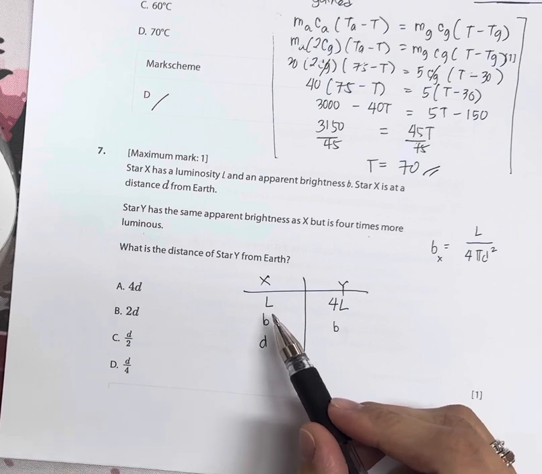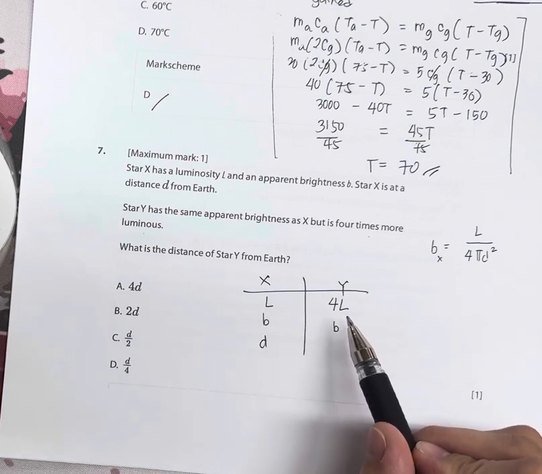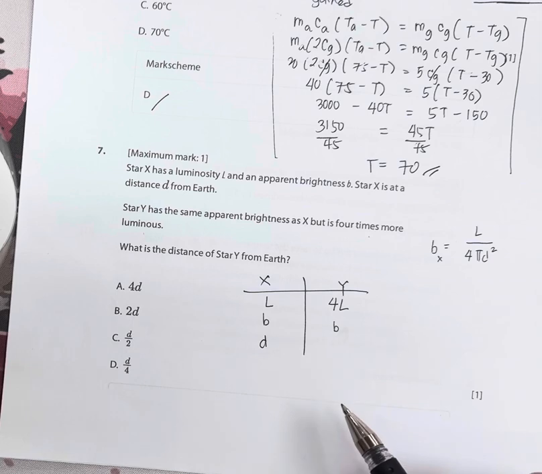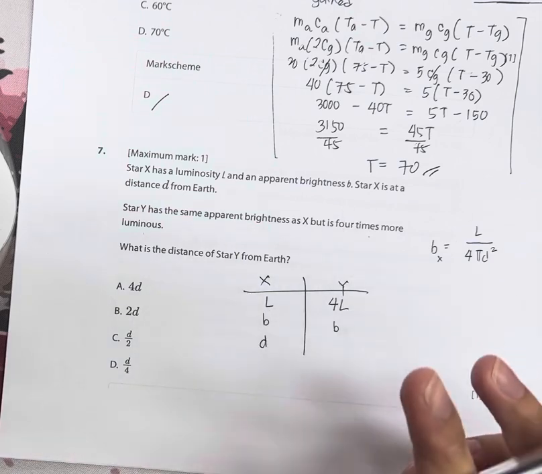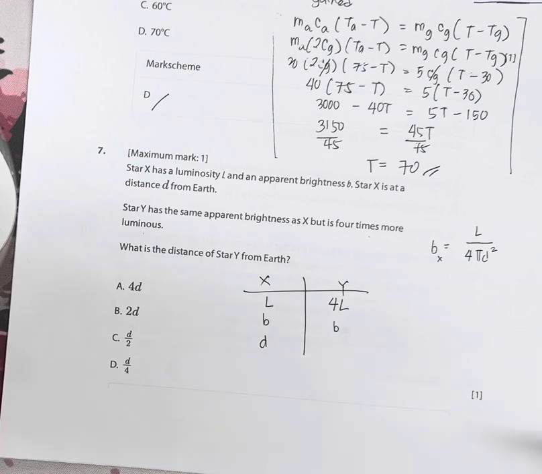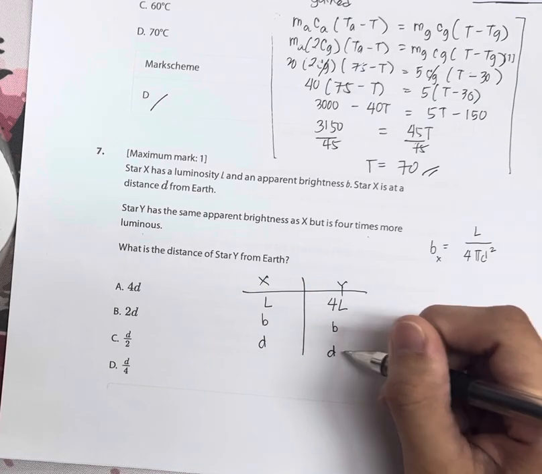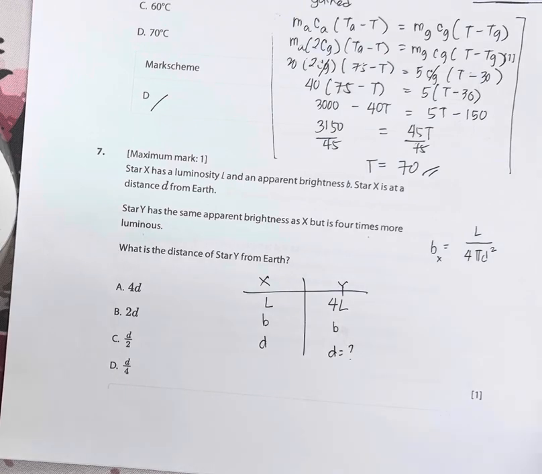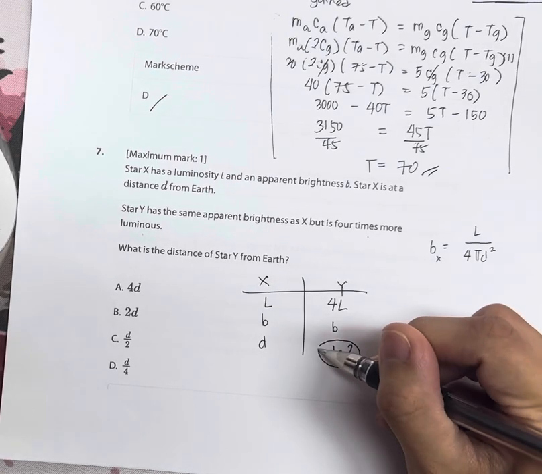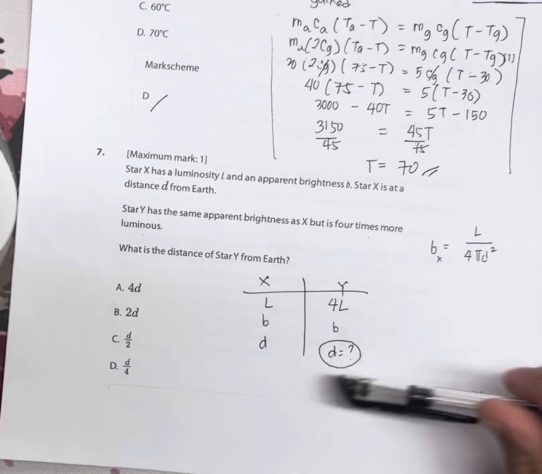The question is now asking us to find the distance of star Y from Earth. I don't know that, so I'll put a question mark here. It's not a certain value, but how will it be expressed?